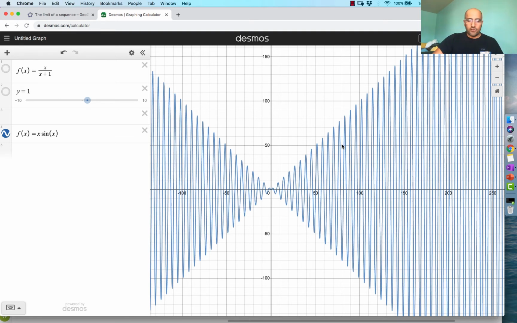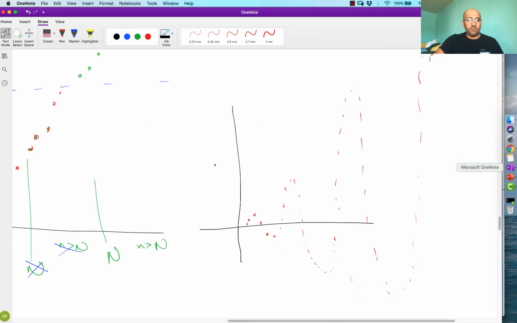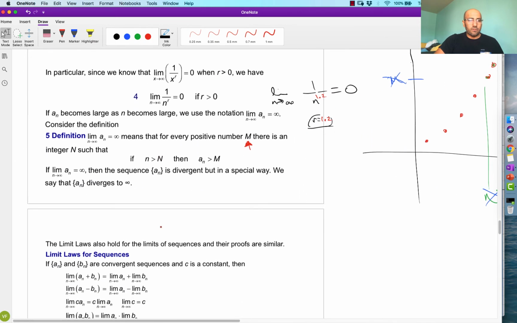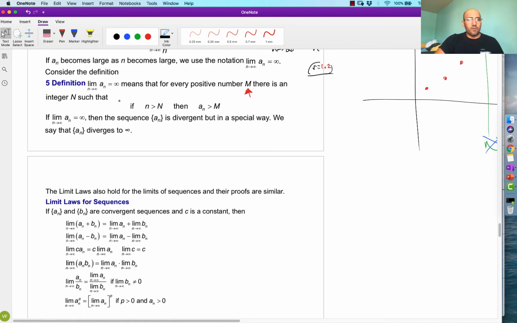Right? If we pay attention to the definition, the limit as n goes to infinity of a sub n equals infinity means that for every possible positive number M, there is an integer N such that if n is greater than N, then a sub n is greater than M. Right?